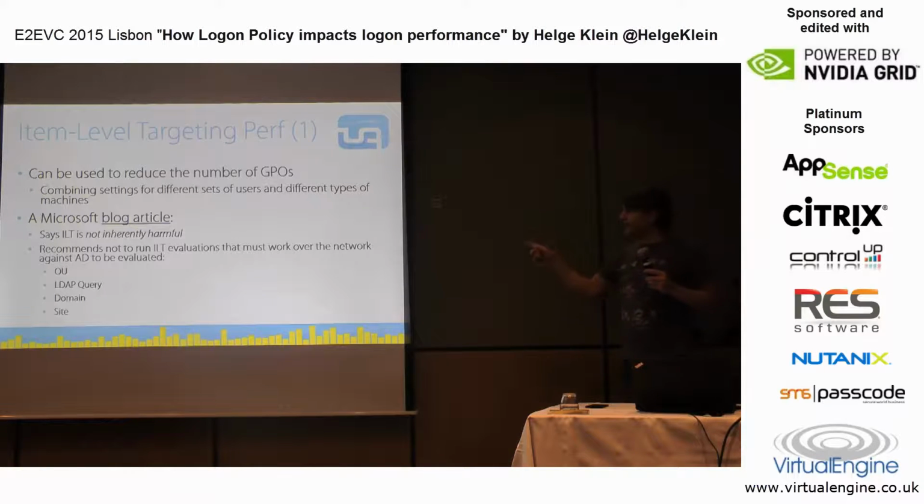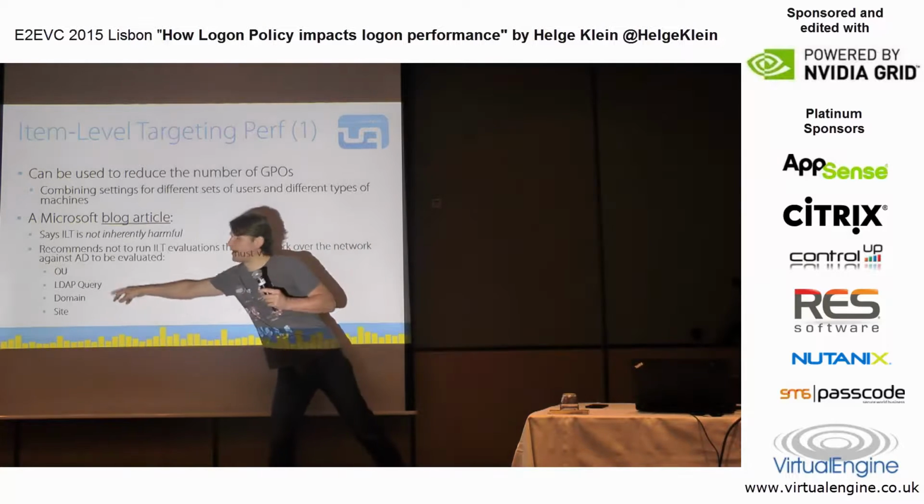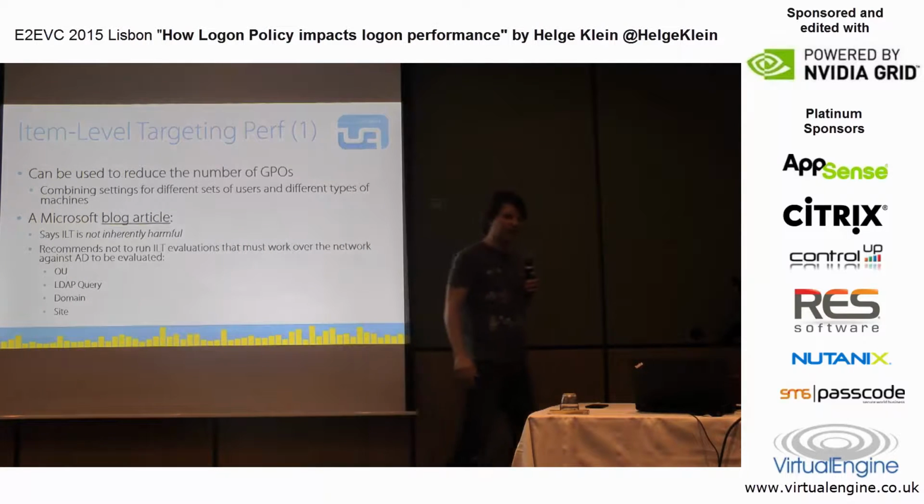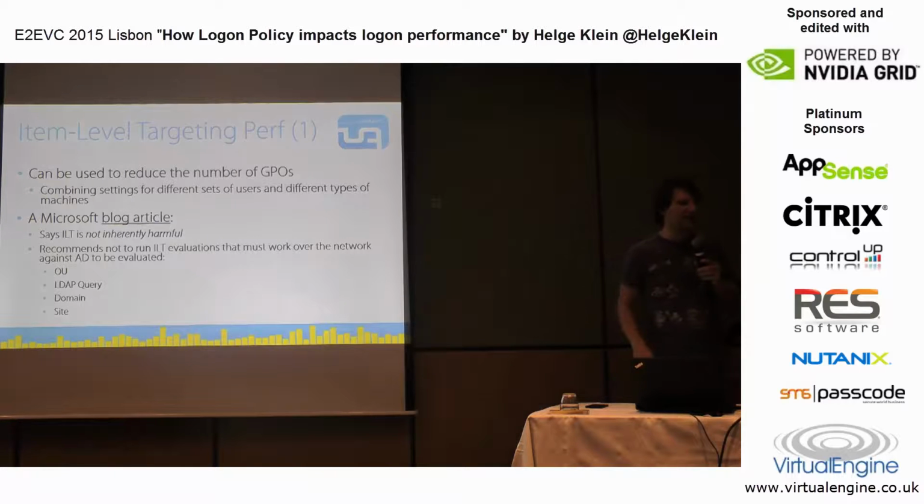What you definitely shouldn't do in your item level targeting filters is include anything that needs to be fetched over the network. So don't ask for anything that is stored in AD. Don't perform an LDAP query, for example. Those can be very slow. But the other filter types are actually normally quite okay.